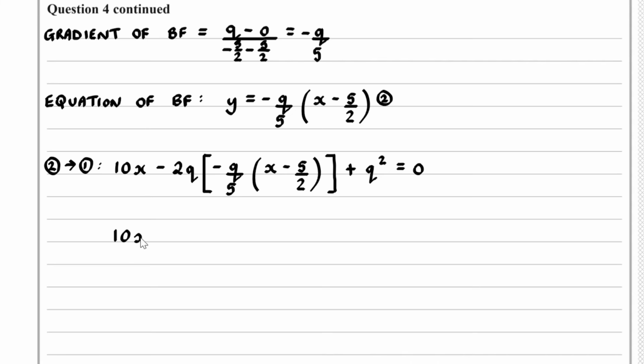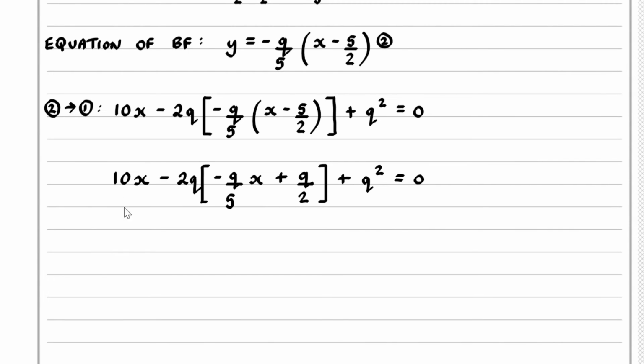We've got 10x subtract 2q, and then I'm going to multiply this by, well, here I've got minus q over 5x plus, now here I would have q over 2. And let's close this bracket. And then I would add on q squared. This is equal to 0.